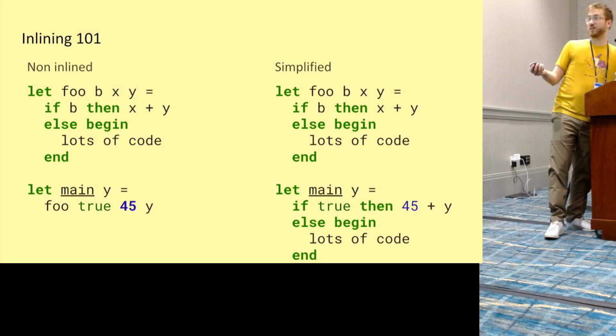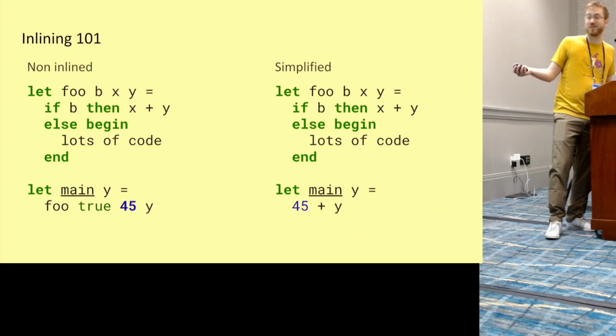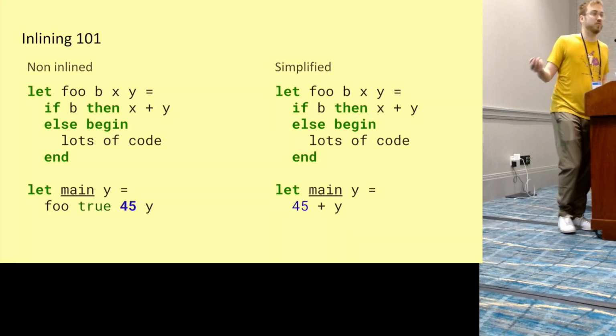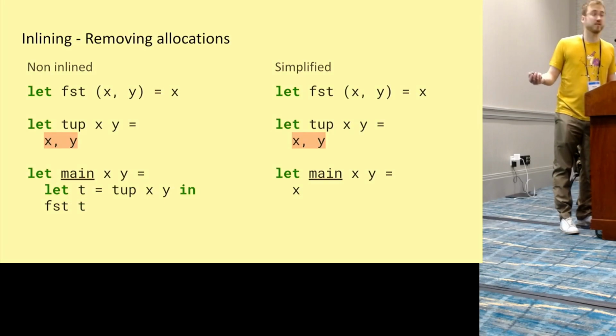We are mostly interested in inlining because, while we still don't make the call and go a bit faster, now that we have more information, like we knew that B was true and that X was 45, we can do more optimization and reach a very simple expression that we weren't able to before. So inlining is mostly interesting for other things.